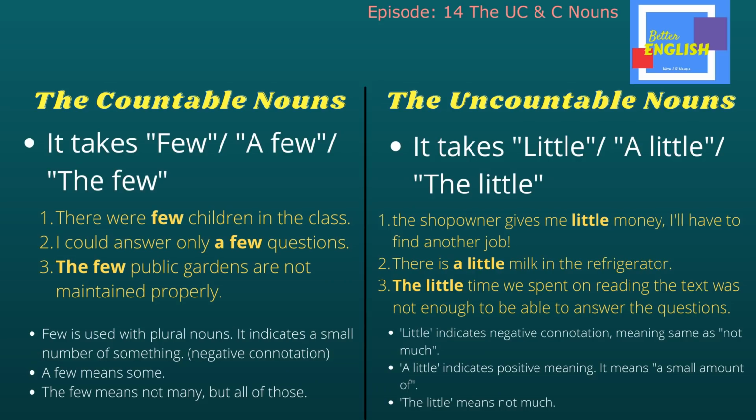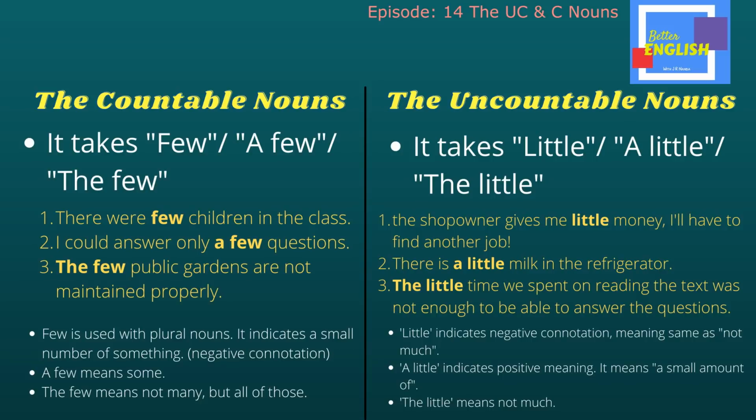The countable nouns take few, a few, or the few, whereas the uncountable nouns take little, a little, the little. Look at the examples. There were few children in the class. I could answer only a few questions. The few public gardens are not maintained properly.